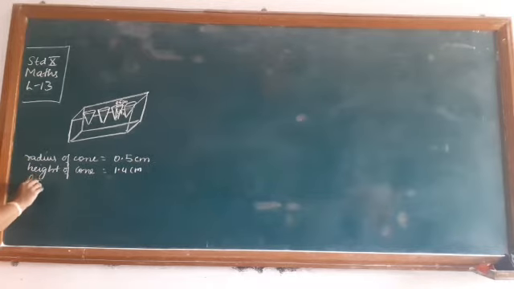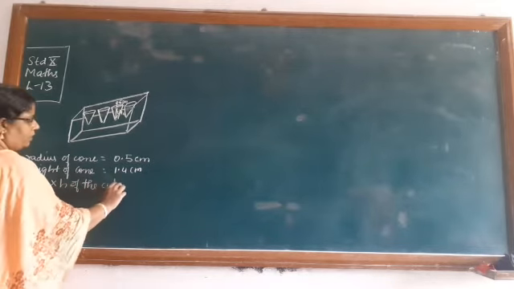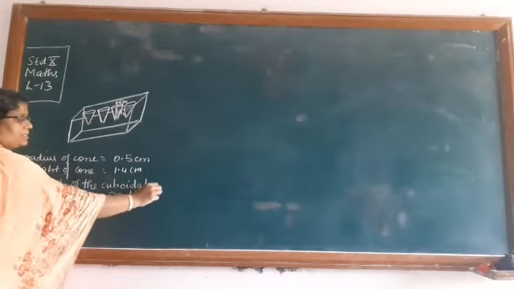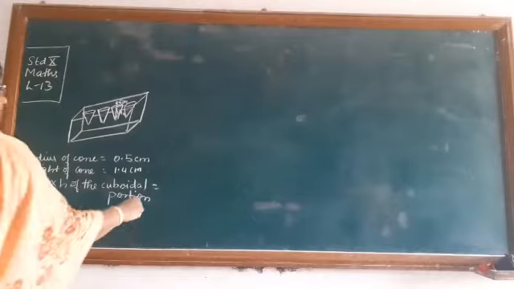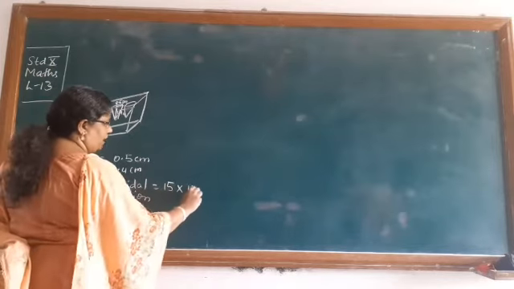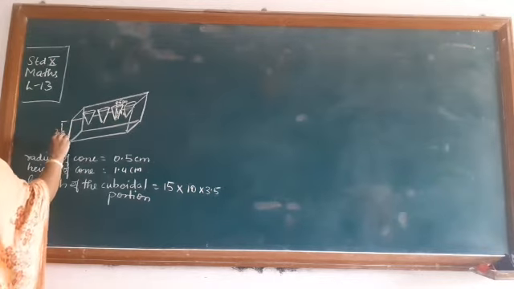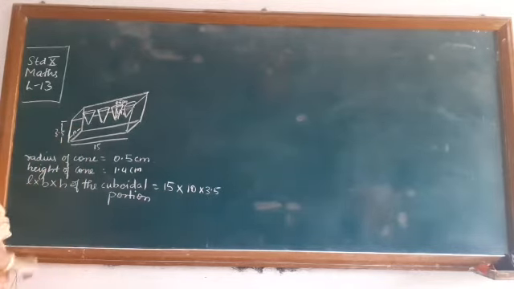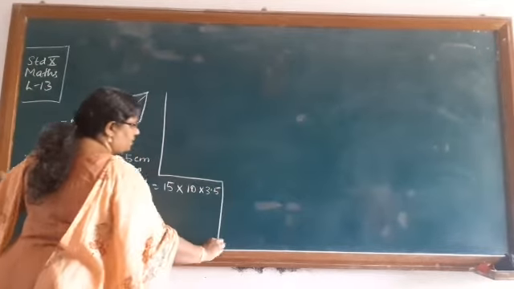And length into breadth into height of the cuboidal portion is given as 15 into 10 into 3.5. Height is 3.5, length is 15 and breadth is given as 10. So this is how the cuboidal pen stand will look like. So what is the total volume of the pen stand?